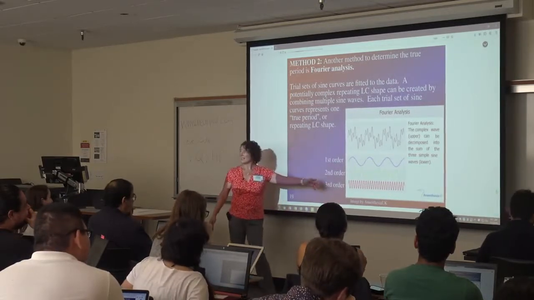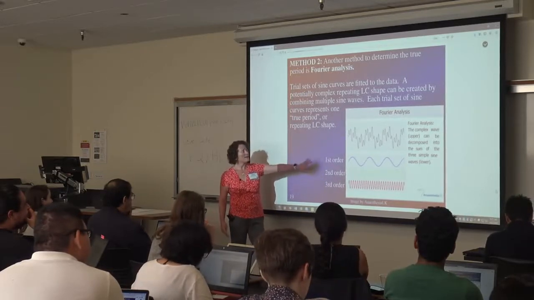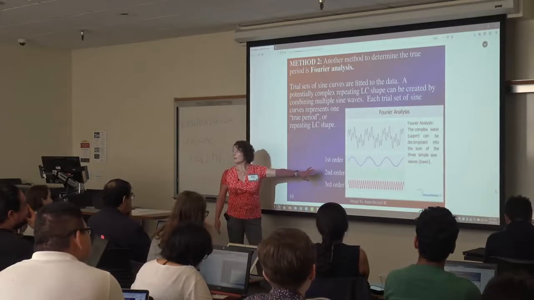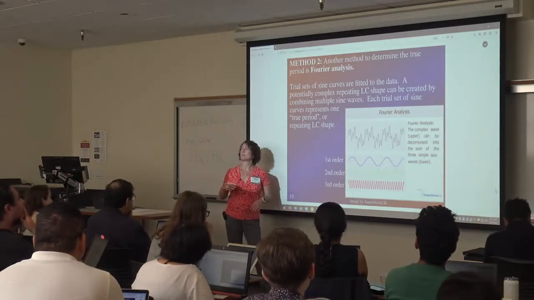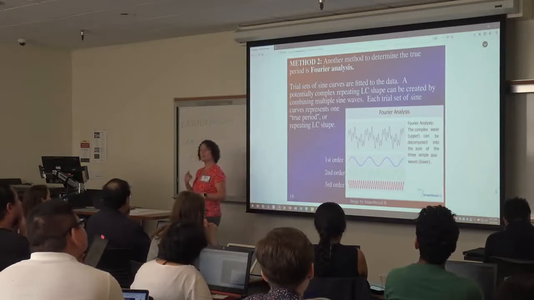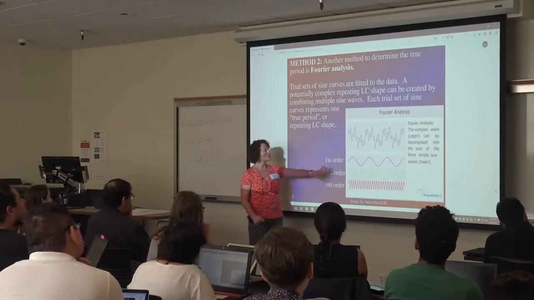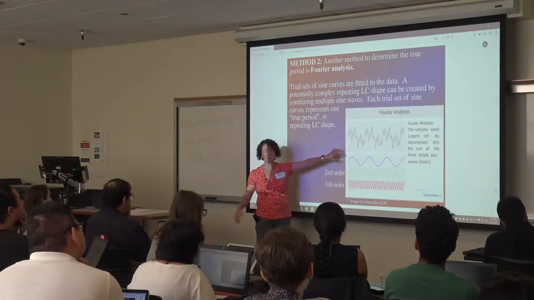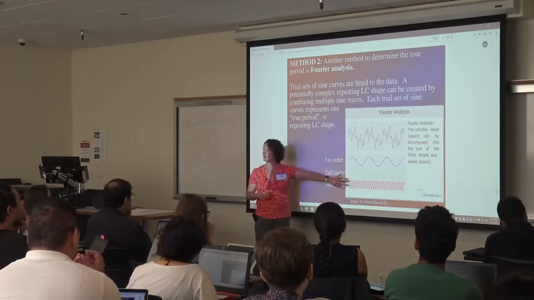Now this is again another brute force method, and it would take a lot of computational power. But this is something that is done in some cases. There's a course that I teach in which the students study asteroids and look for asteroid rotation periods, and the method that the program they use to find periods or possible periods is this method. Okay, and it works well for that, especially since asteroids can have a little bit odd shapes in their light curves.